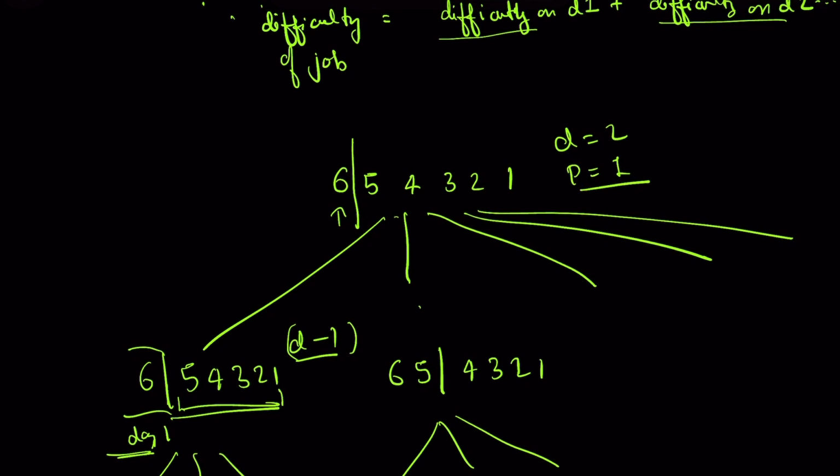After this partitioning, you will have day 1 or partition 0. So whenever we have 0 partitions left, that is when we are at our base case. Let's say you have partitioned here. Now you have 0 partitions left here.